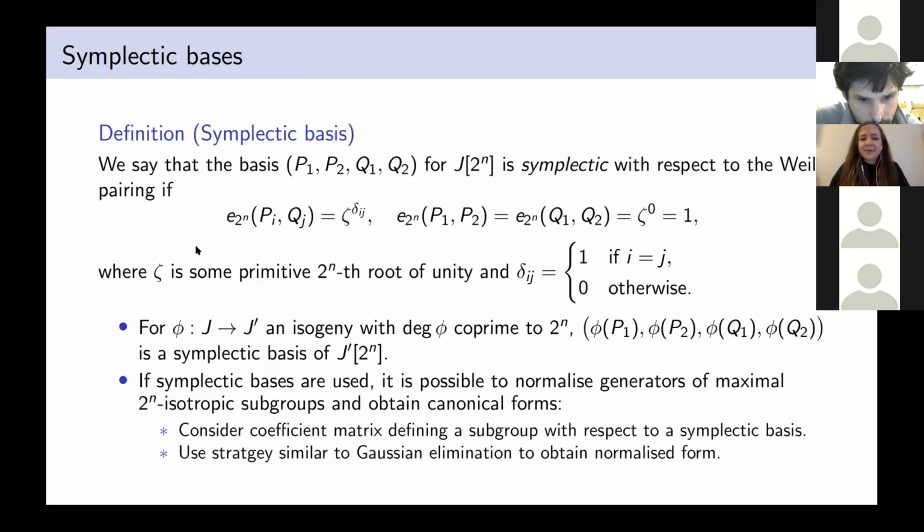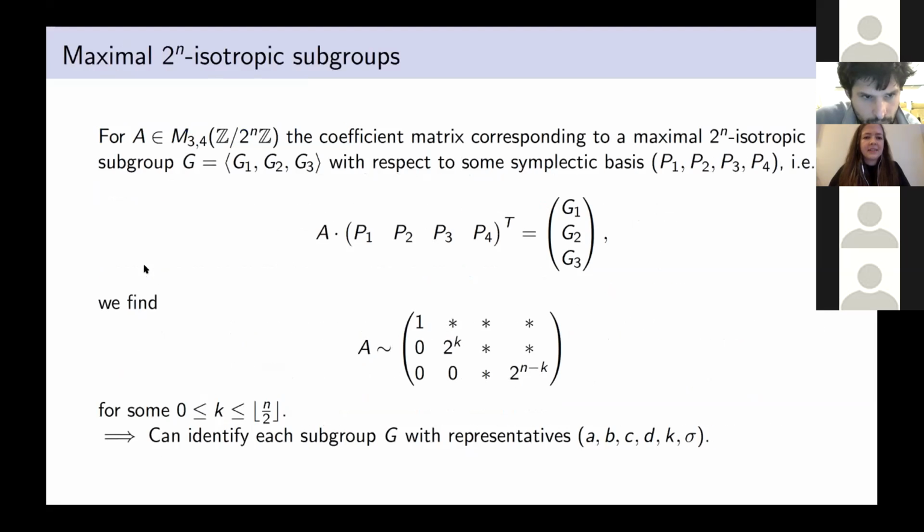And we also find a way to classify all the maximal 2 to the n isotropic subgroups. So when we write these scalars defining a subgroup in some sort of coefficient matrix, we can use a strategy that is similar to Gaussian elimination to obtain normalized forms of the matrix so that we have normalized kernel generators.